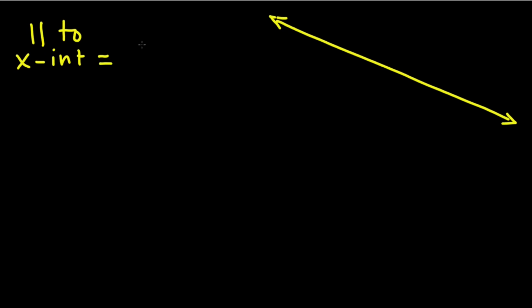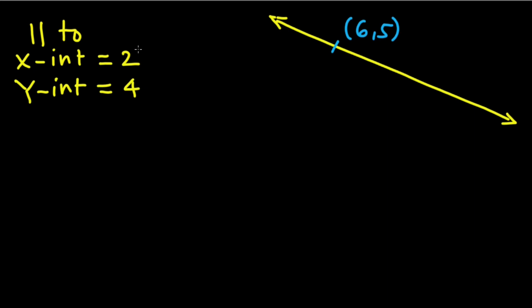We have to find the equation of this line which is parallel to a line with x-intercept equals 2 and y-intercept equals 4, and which passes through the point 6 comma 5.